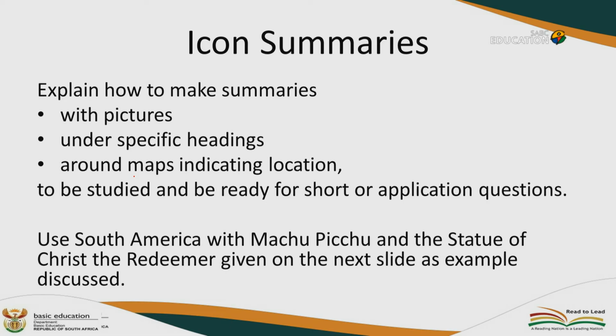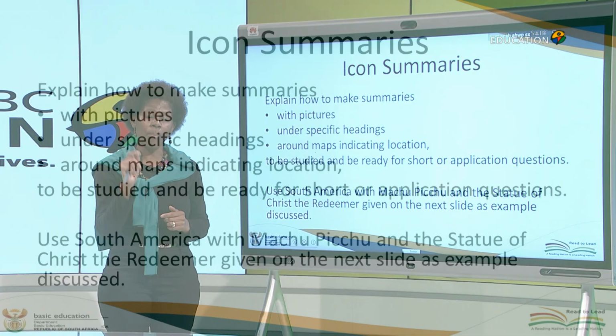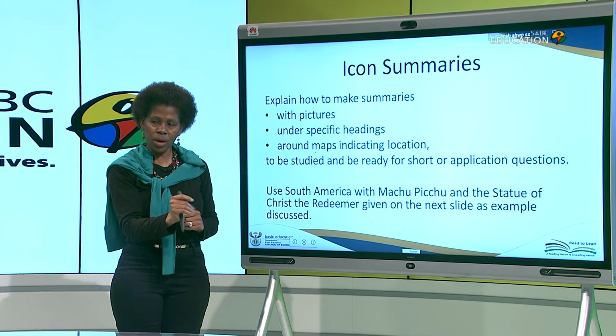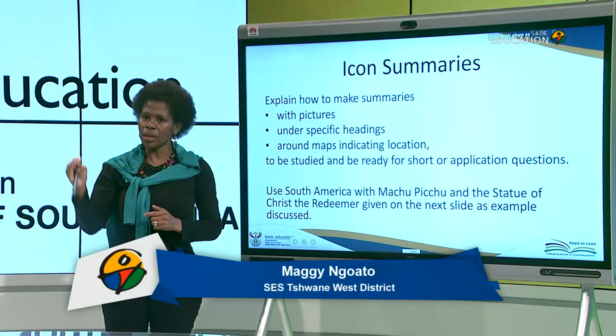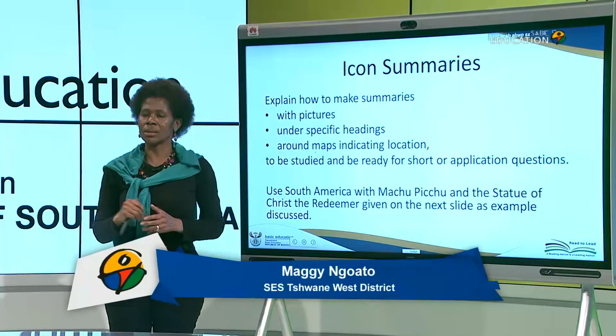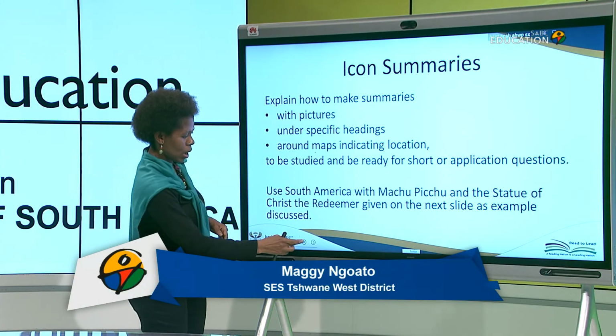You can use any of the icons that you have studied, but I'm going to ask you to take each icon from each country so that you don't concentrate on one country. At the end of the day, you will be able to cover the entire 7 continents of the world using the very same template: the icon, the name of the icon, and why it was regarded as an icon.